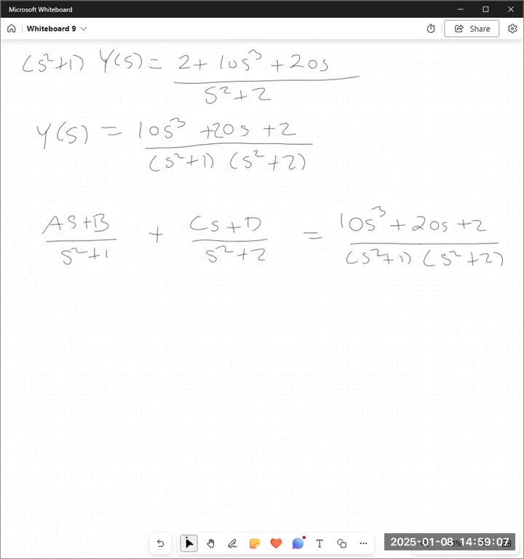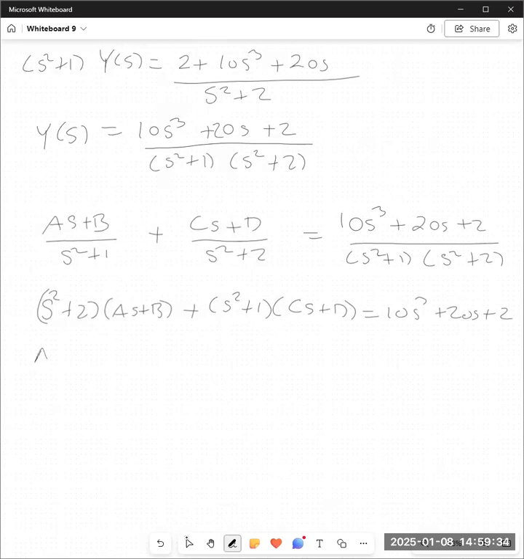And we're going to make this s squared plus 2 times as plus b plus s squared plus 1 times cs plus d is equal to 10s cubed plus 20s plus 2. I'm going to have to expand everything out here.